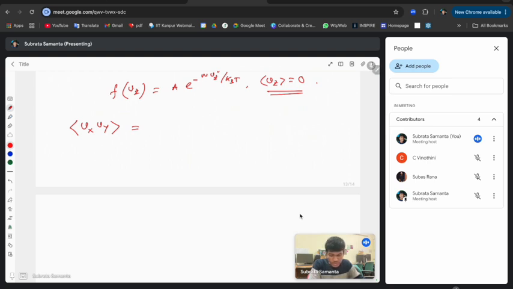To compute it, you integrate from minus infinity to infinity vx vy times your f of vx and f of vy, you just multiply, with dvx and dvy, right? So this is also 0.